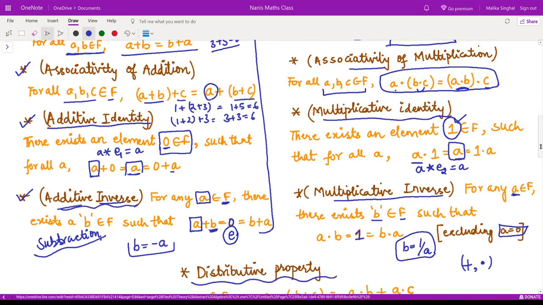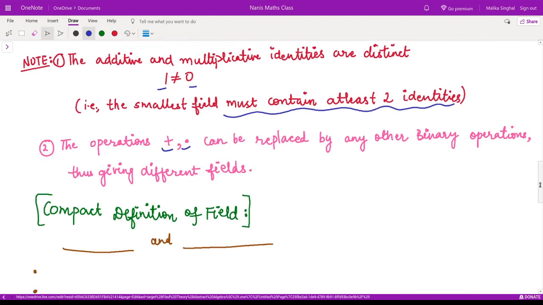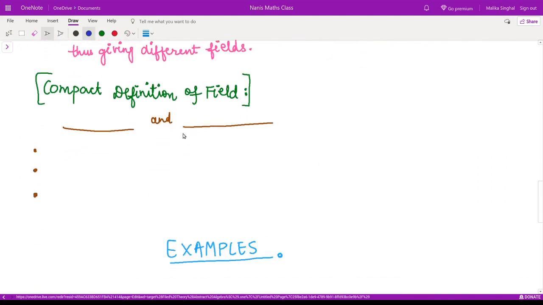So I'm writing this as a compact definition of field. Say I have a set F and I have two binary operations, addition and multiplication. Then the set F together with the binary operation plus is a commutative group.